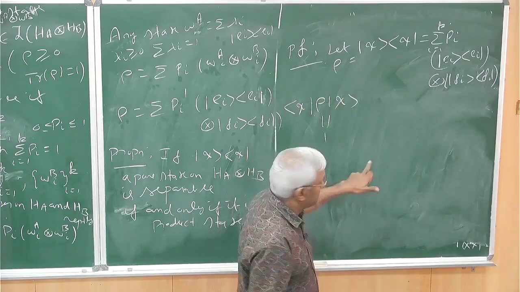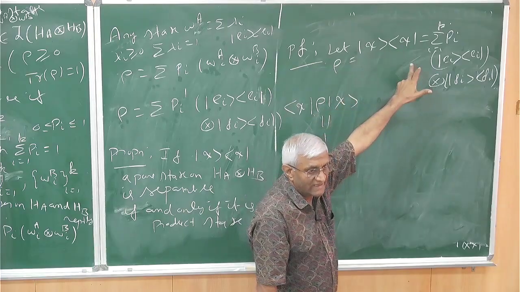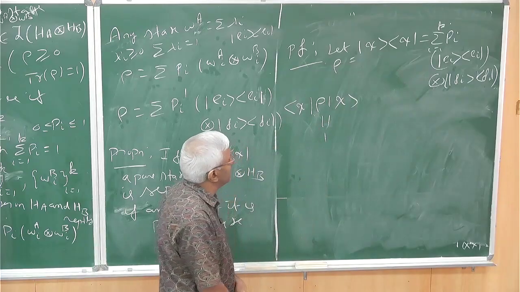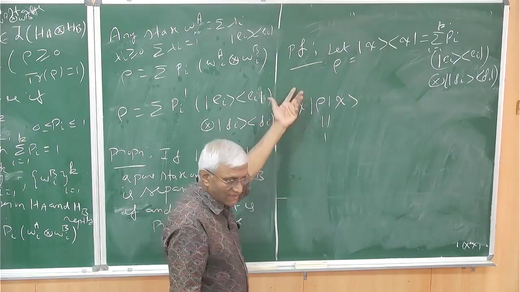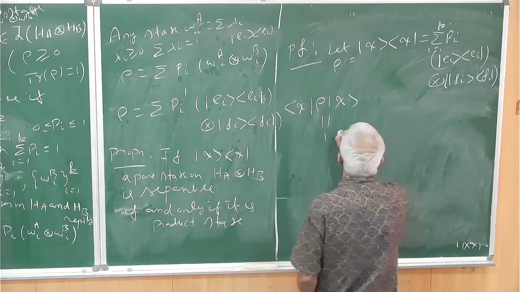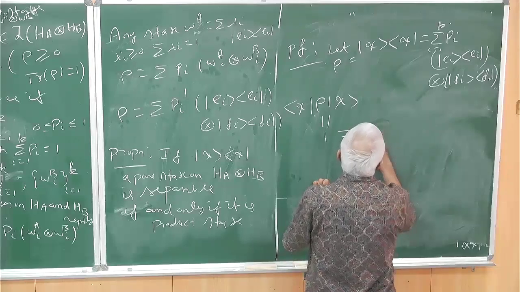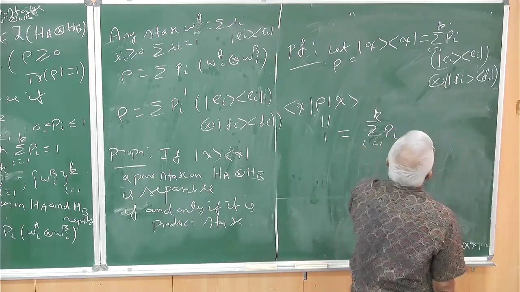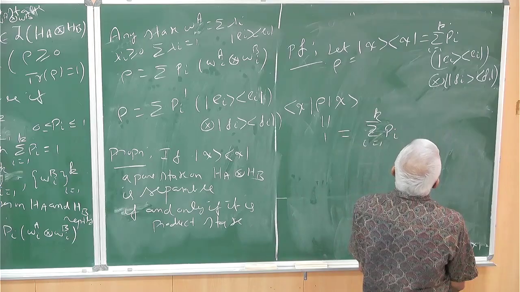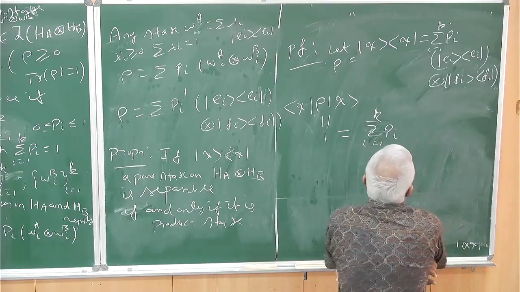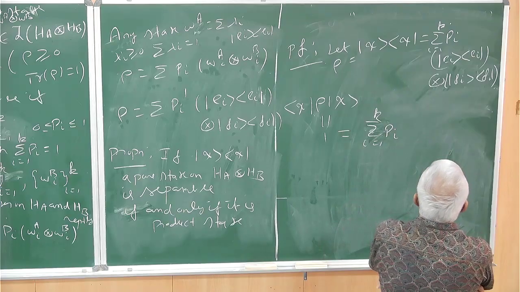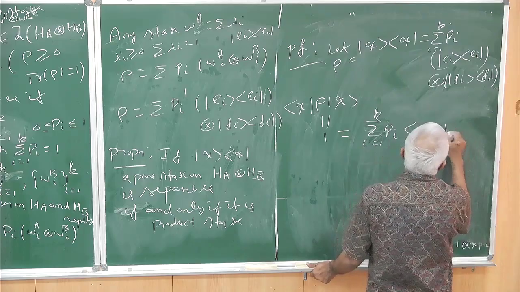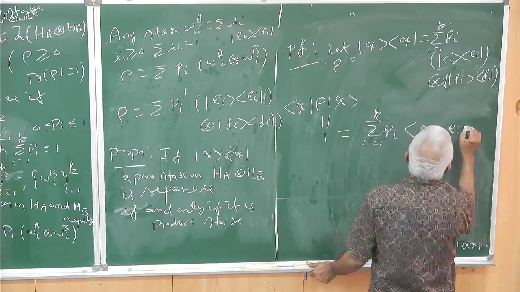You take the inner product with chi and then the inner product with chi there. That will be 1 squared, which is 1. Chi is a unit vector. It's a state, meaning a pure state should be a unit vector. So 1 is equal to, here you get summation i equal to 1 to k, p_i. I take chi and the inner product with this, e_i tensor f_i.